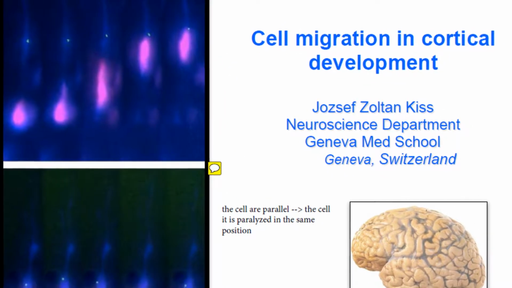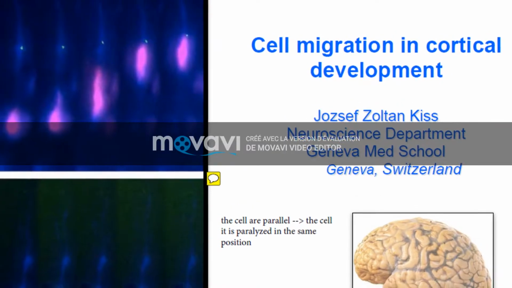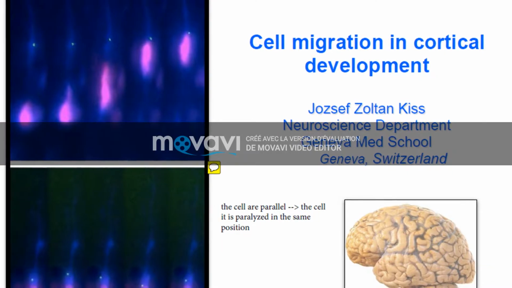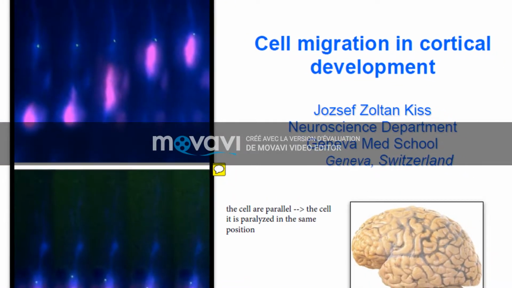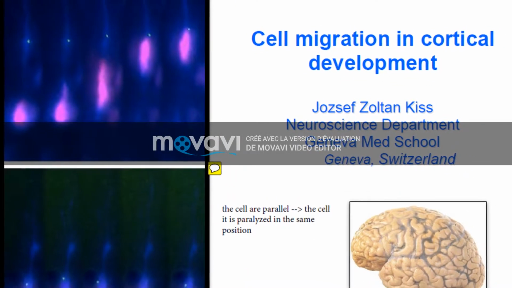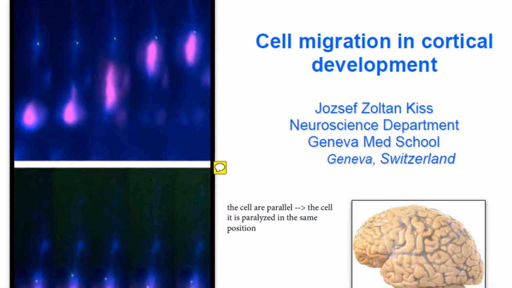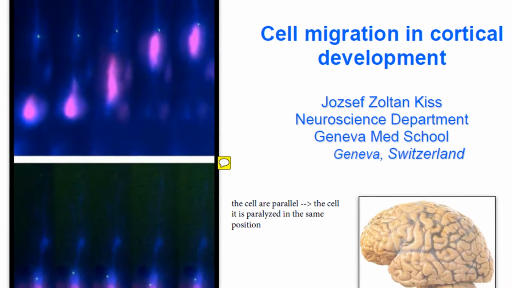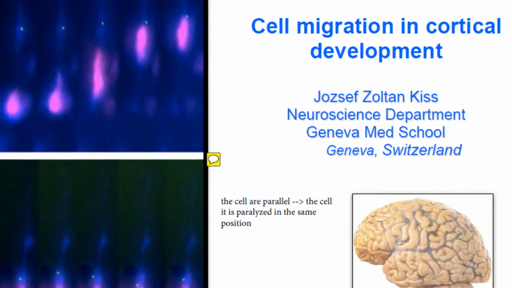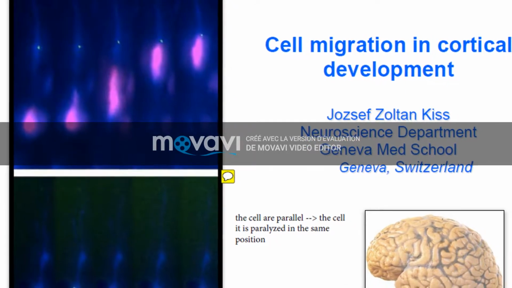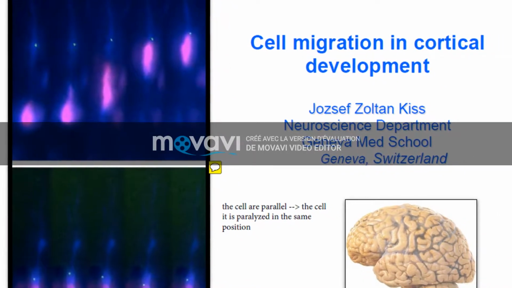The second event, which precedes the migration, is the positioning of this cell, which is called the Cajal-Retzius cell. Strange name, if you wish. You have to learn. Good, so these are the 2 events: radial glia, scaffold, and Cajal-Retzius cells.